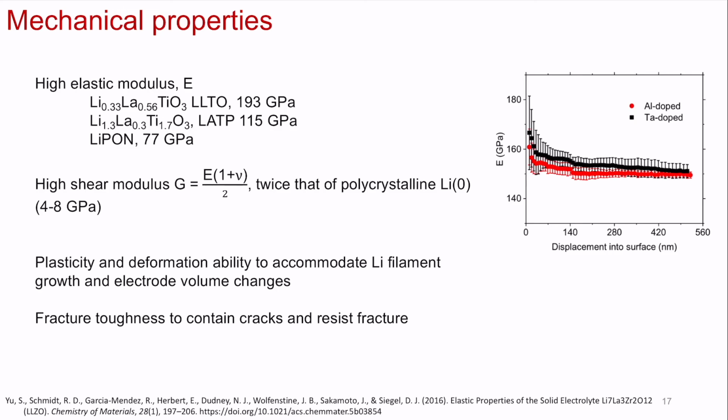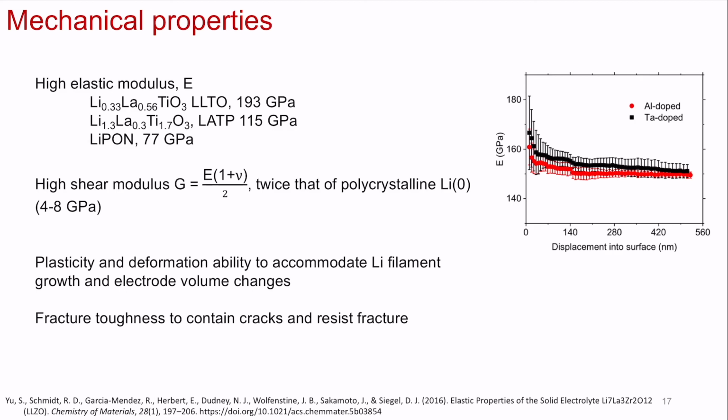So these are going to be compatible with lithium filament growth suppression, because you really just need the shear modulus of your solid electrolyte to be about twice that of polycrystalline lithium, which comes in at about 4 to 8 gigapascal. So no doubt, your oxides are going to prevent that. But whether or not you can fabricate it so that you maintain volume contact and prevent delamination is a whole other issue.